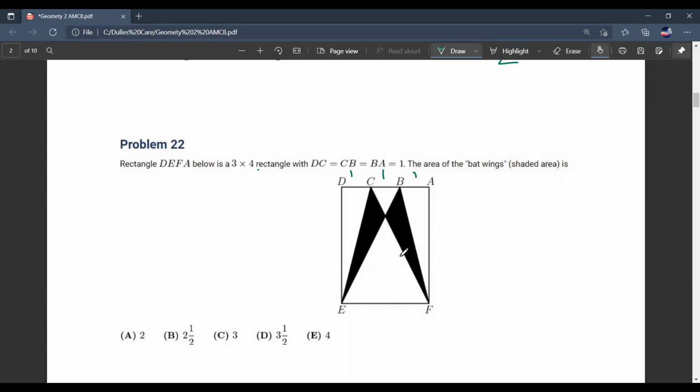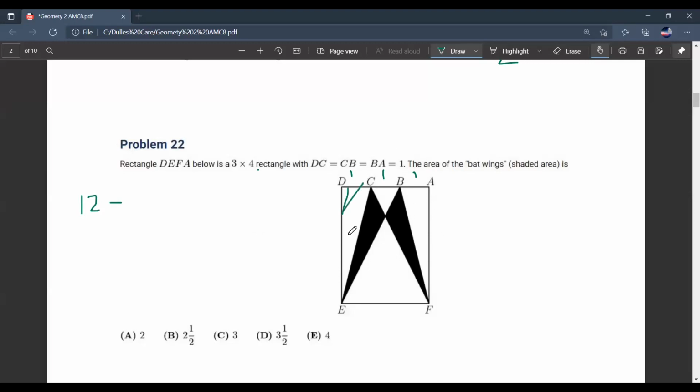So the area of the bat wings, we can find it like this. Complementary areas, right? So what's the area of the whole rectangle DEFA? 12, 3x4, minus all the area in white.